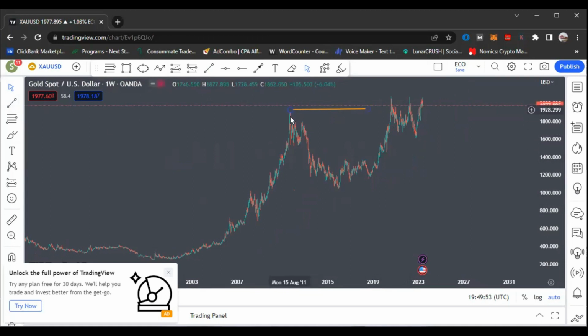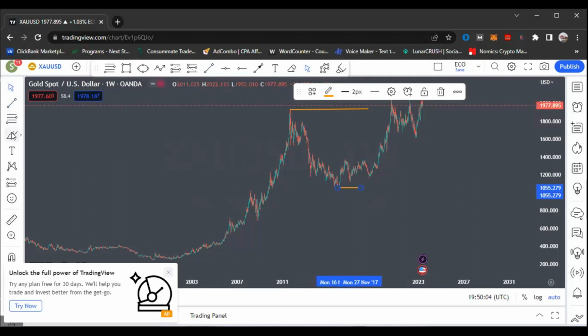Okay, so as it stands now, we have traded from year to year, and anything that happened between these two points here is internal range. Okay, whatever trading happened over here, all this movement up and down till we broke above this area, it was an internal range.